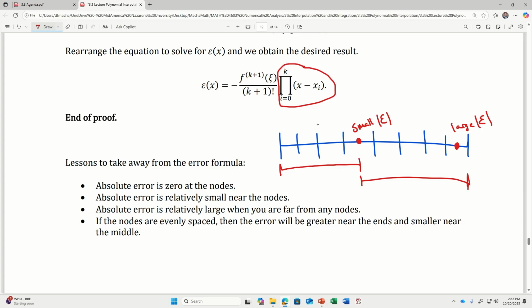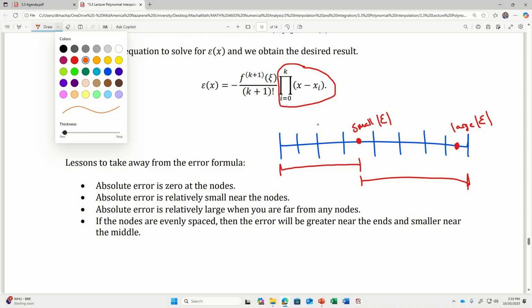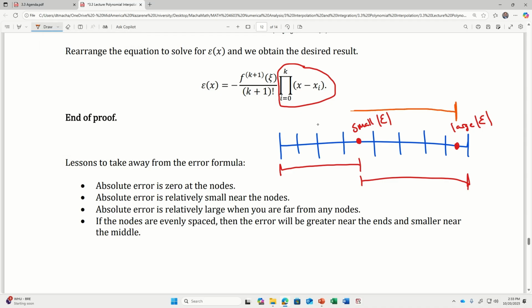But the really, really bad part is for this point, I'm going to end up multiplying by this distance and this distance. These 2 numbers in orange are a lot bigger than these numbers, right?